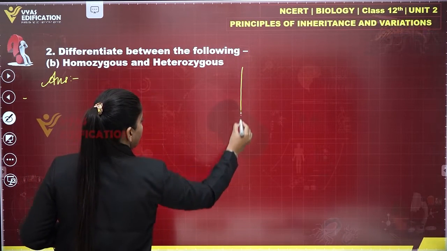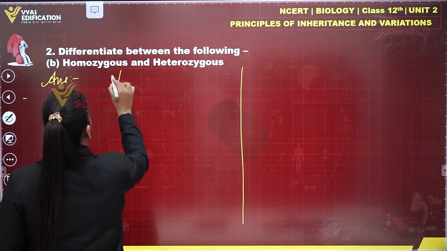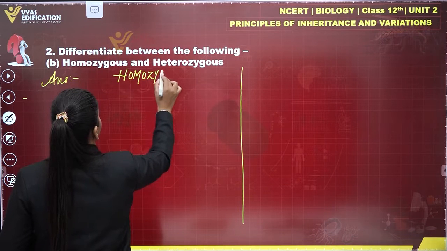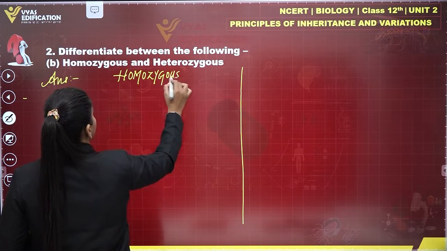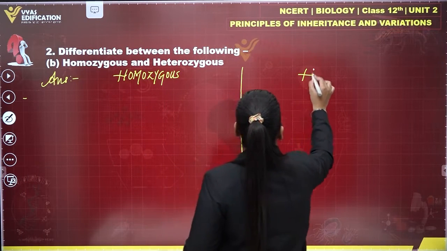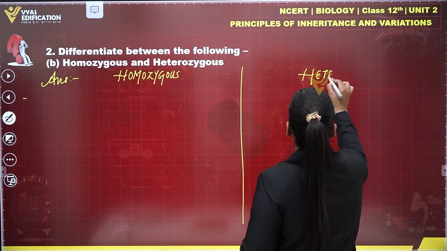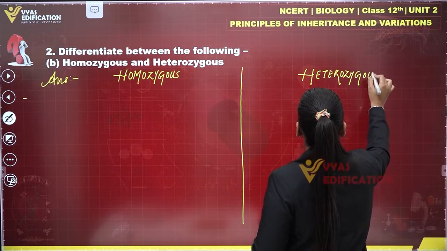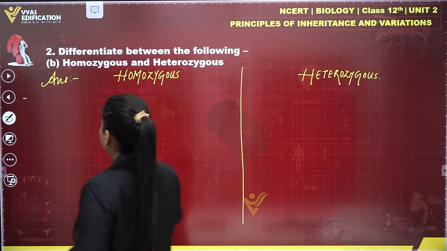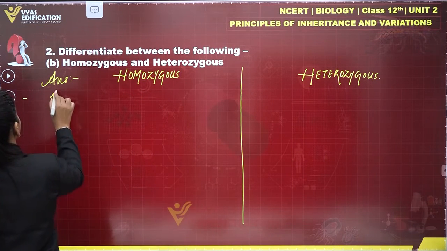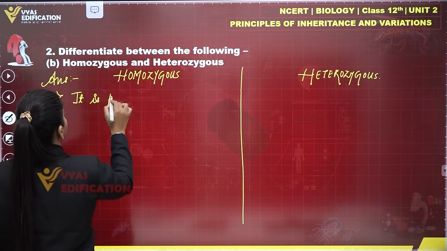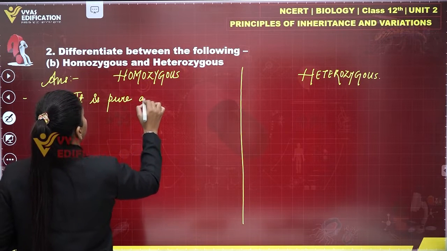In the left column, we are going to write homozygous. Here we are going to talk about heterozygous. Now if we talk about the difference between these two, the first basic difference is it is pure. First of all, it is pure and breeds true.